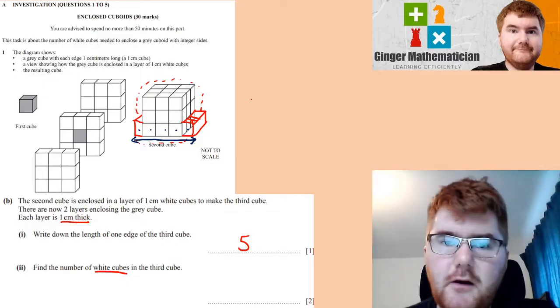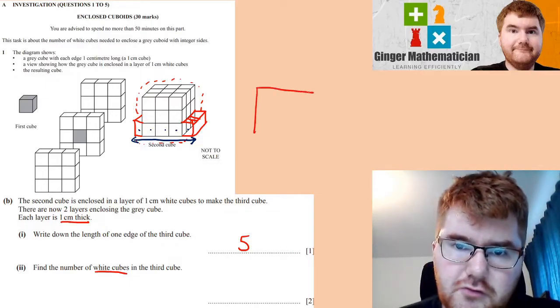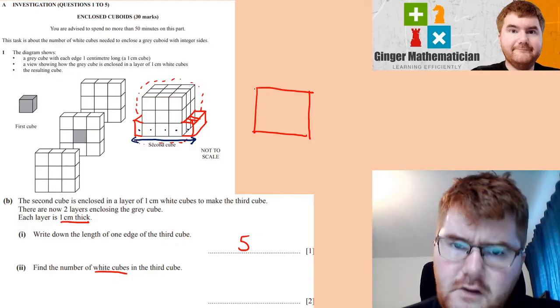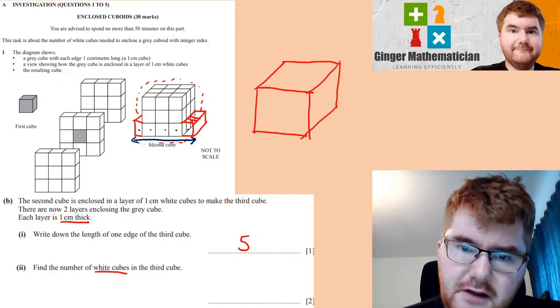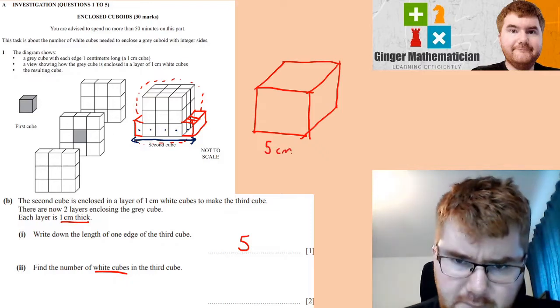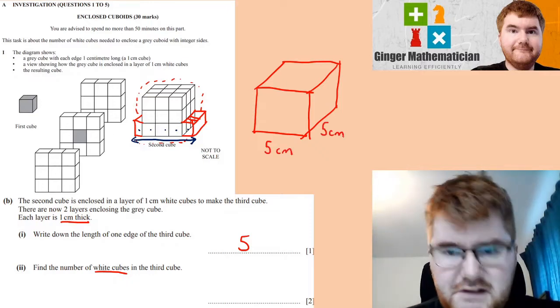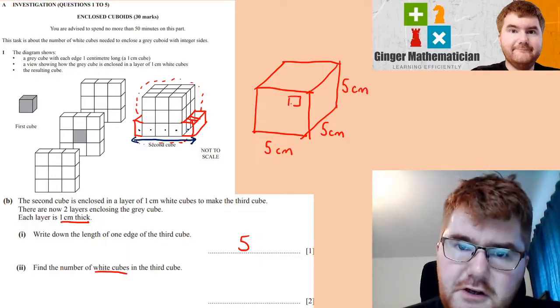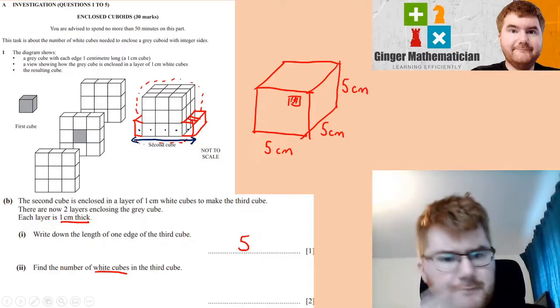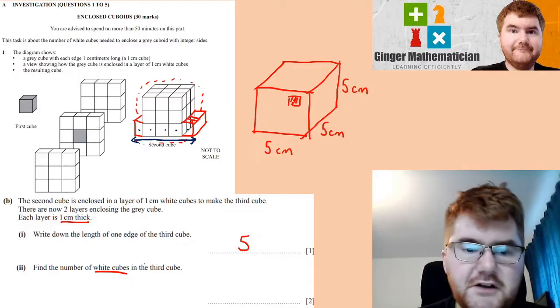Imagine now, this is going to be my third cube, so I'm just going to draw a quick sketch of exactly what's going on without actually drawing the individual cubes in. Notice this is 5, so this also has to be 5 because it's a cube, and this is also 5. Remember, we've got this grey cube in the middle, so don't forget that. And we want to find the number of white cubes.